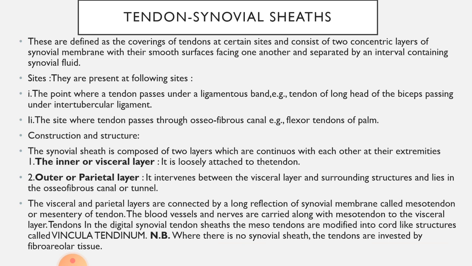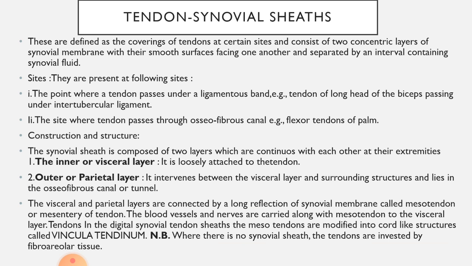Tendon synovial sheaths. These are defined as the coverings of tendons at certain sites and consist of two concentric layers of synovial membrane. We have discussed the synovial sheath previously, and we have seen its structure and its various layers as well.